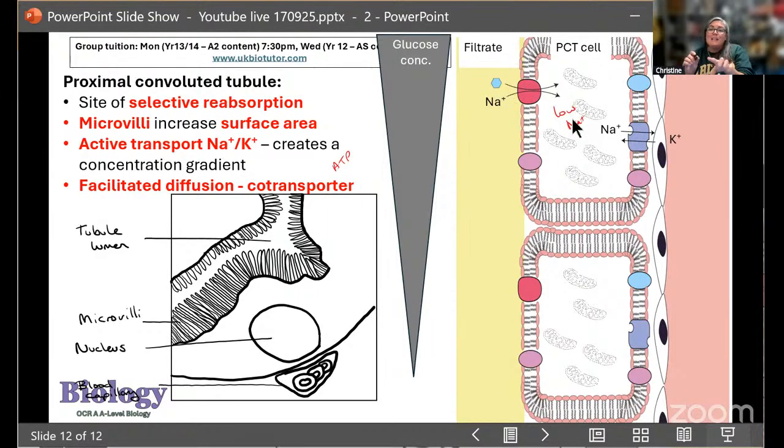Now, Alex, when you were talking about module 3 and the movement of substances in plants, co-transportation is how the companion cell brings in sucrose, because it pumps hydrogen ions out.